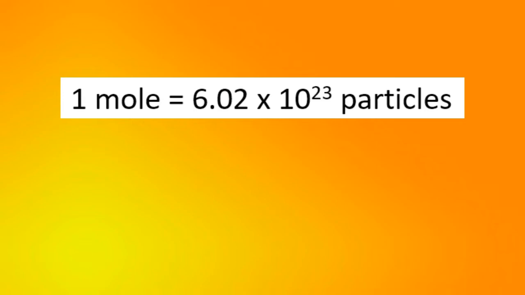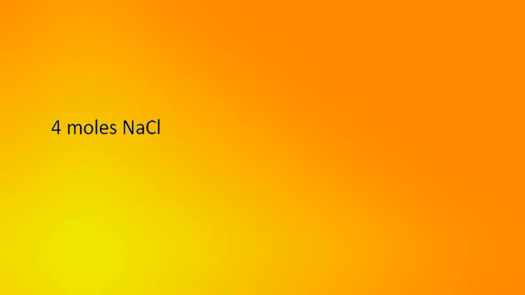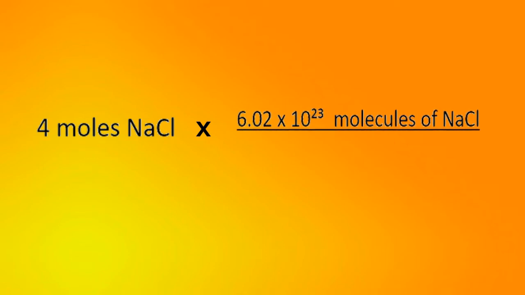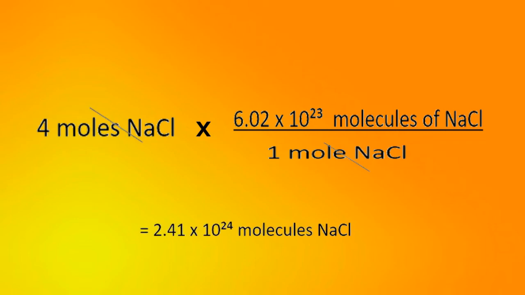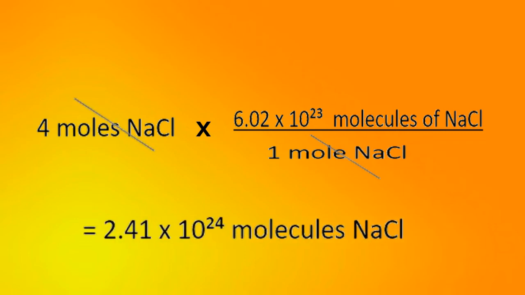Using the dimensional analysis approach, you will be able to convert the number of moles to its equivalent amount in the number of particles. 4 moles of table salt times 6.02 times 10 to the power of 23 molecules of table salt divided by 1 mole of table salt is equal to 2.41 times 10 to the power of 24 molecules of table salt.